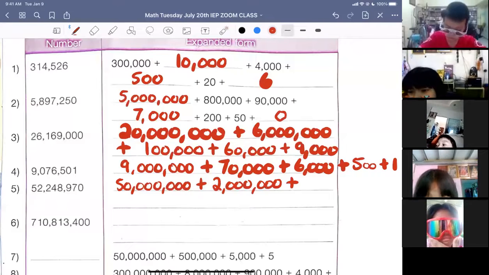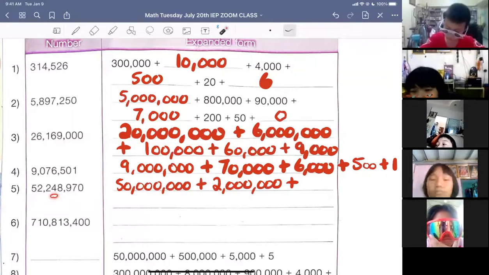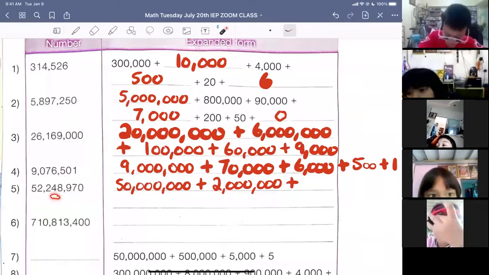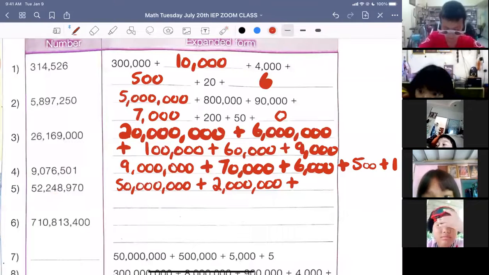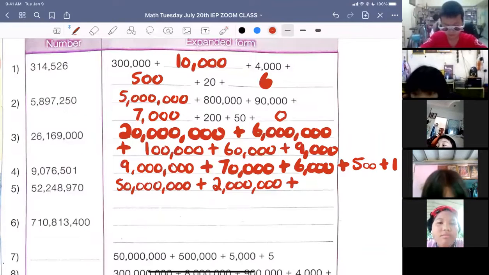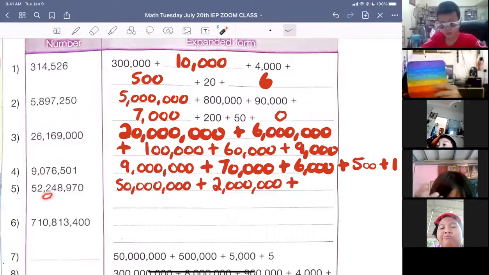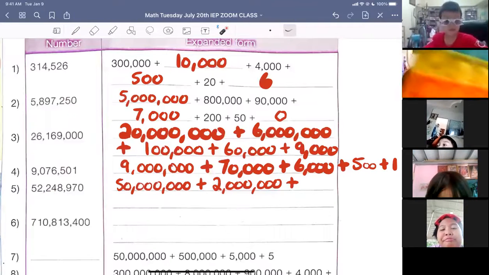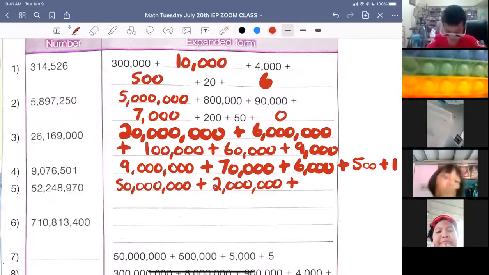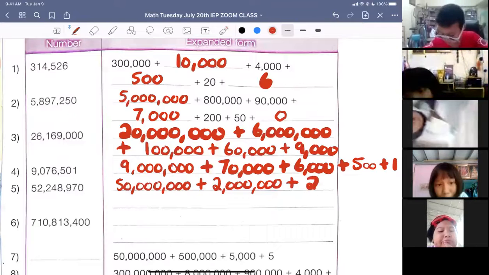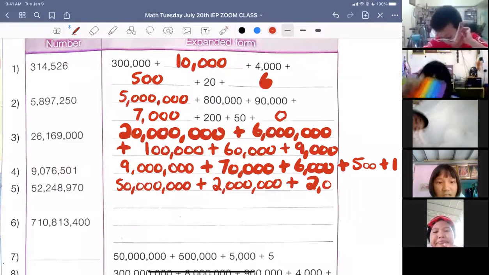Plus this 2, which is in the 200,000s place. Let me erase that.